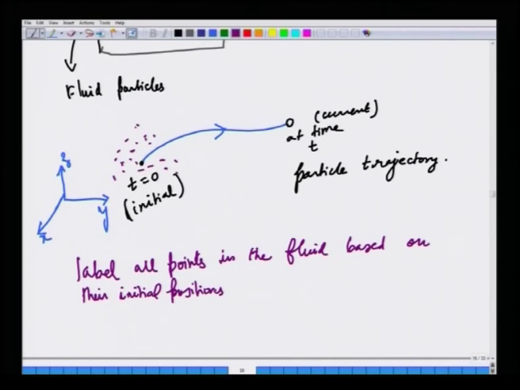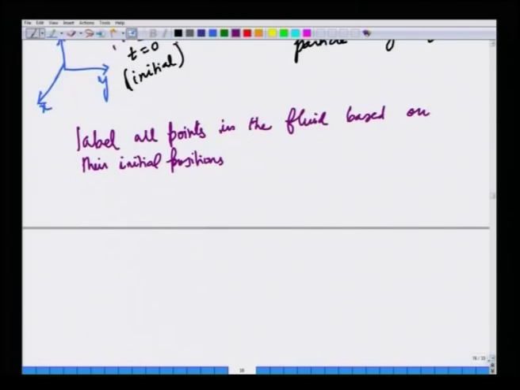Let us call the initial positions of a point, so if you put a coordinate system, any point will be denoted by a vector x.